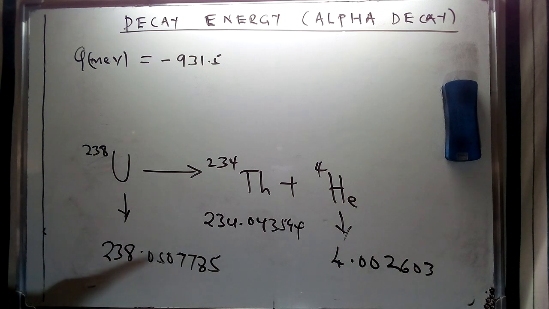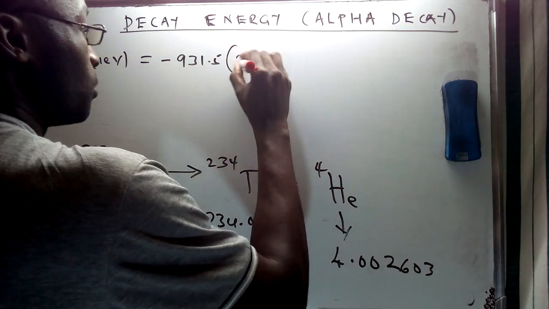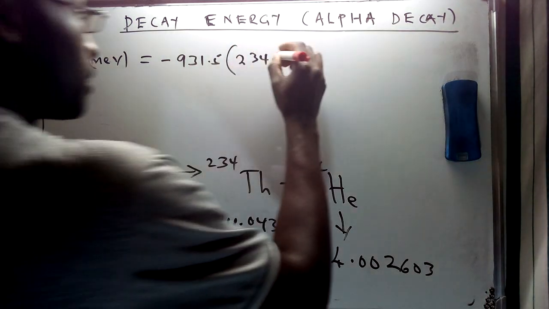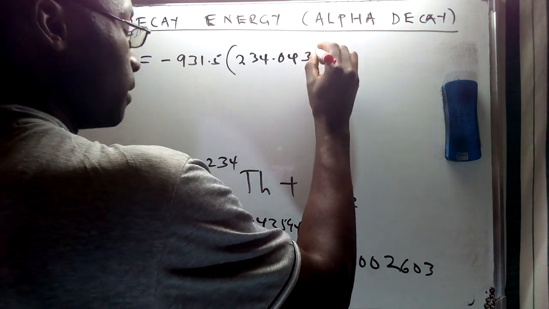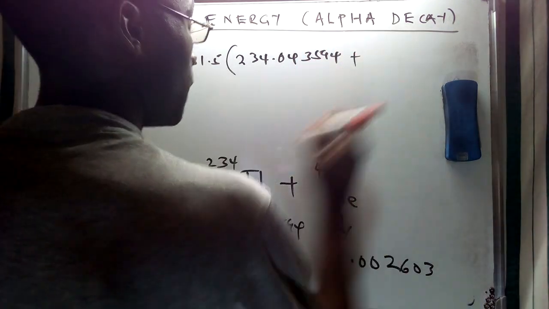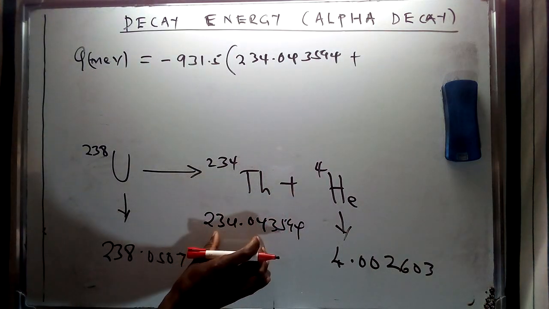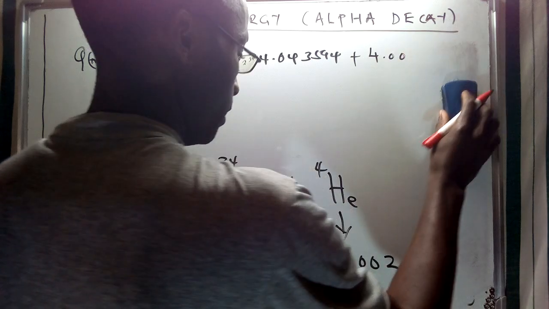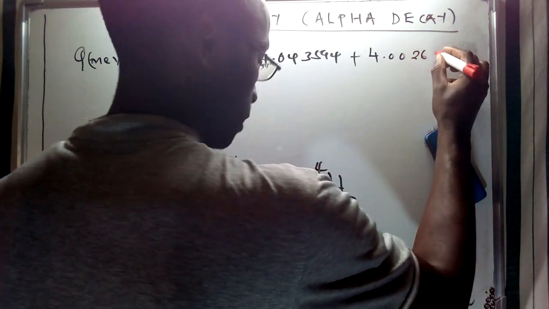and then we're going to have this multiplied by the change in mass. So the change in mass is, as we said, the products minus the reactants. The products are thorium, 234.043594, and I'm going to add to it the helium, 4.002603.